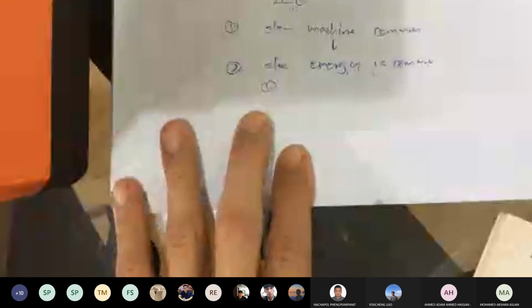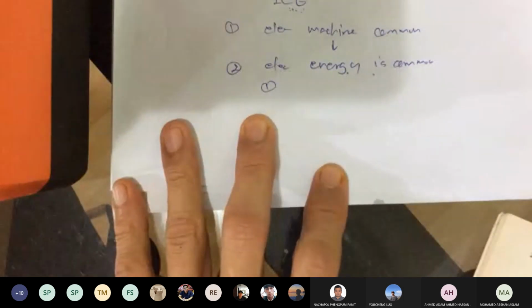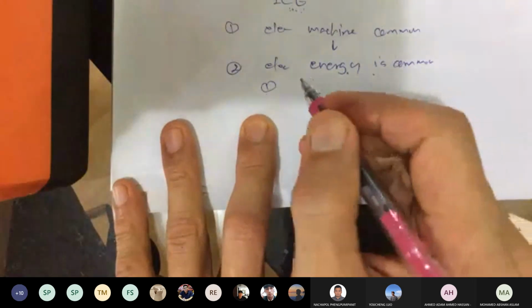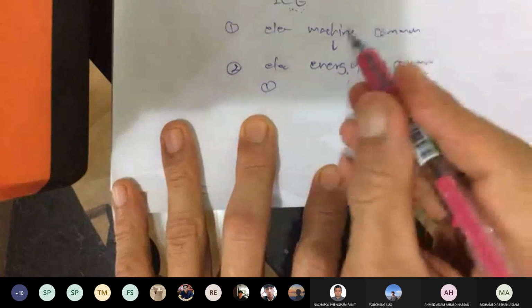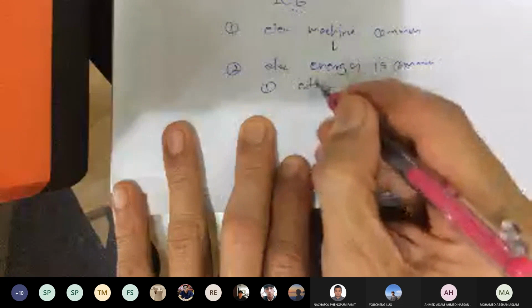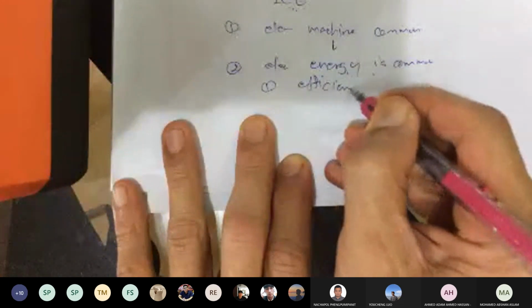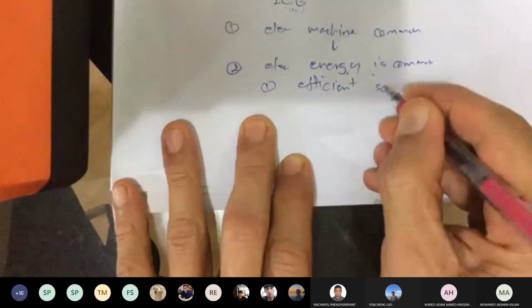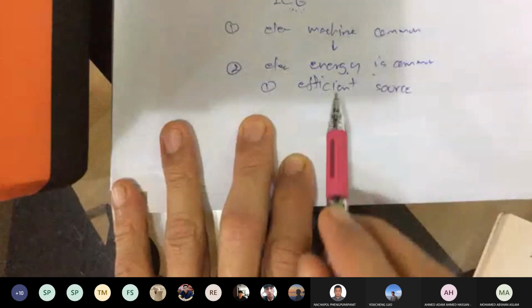Number one, I didn't really go in the order the book says. It's an efficient source.